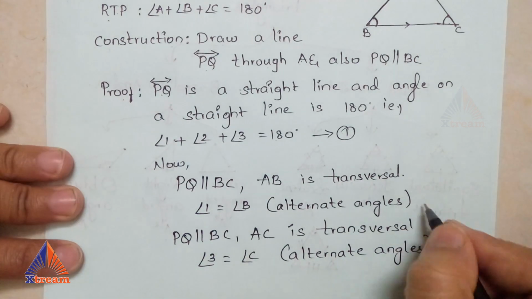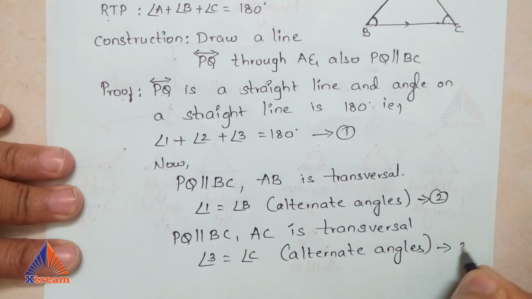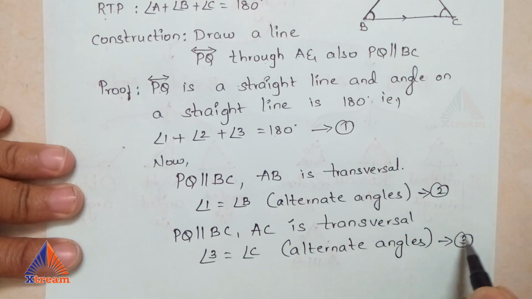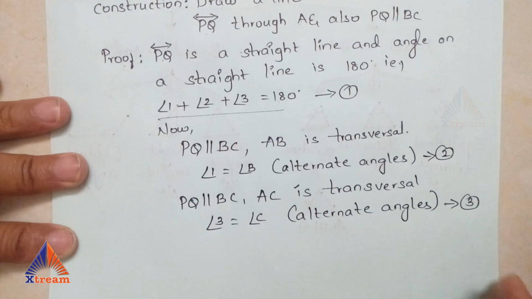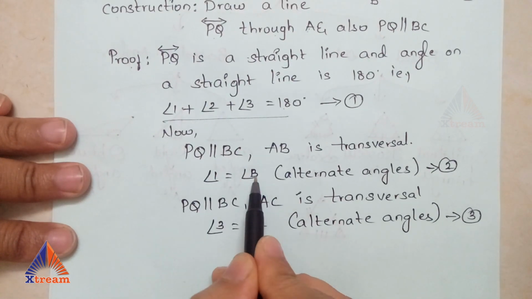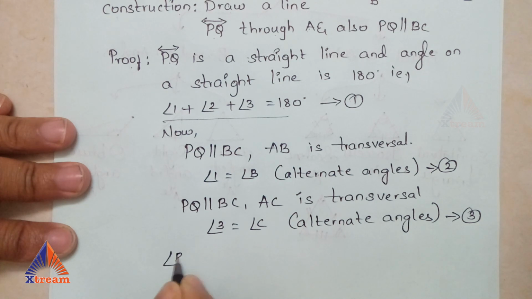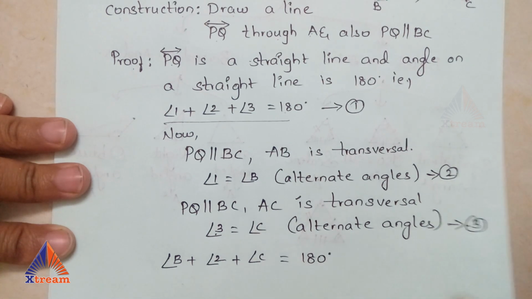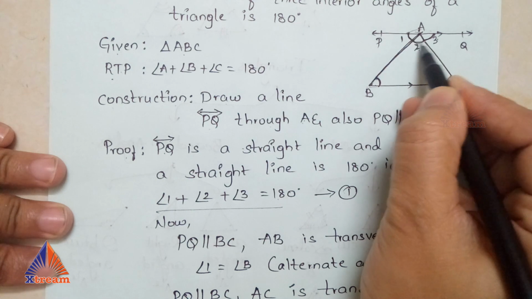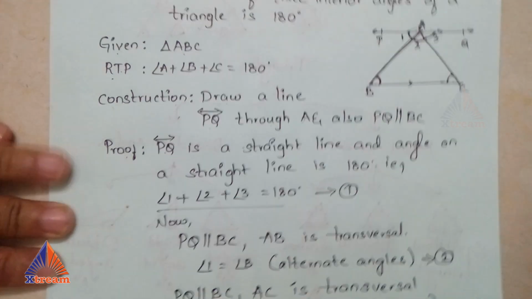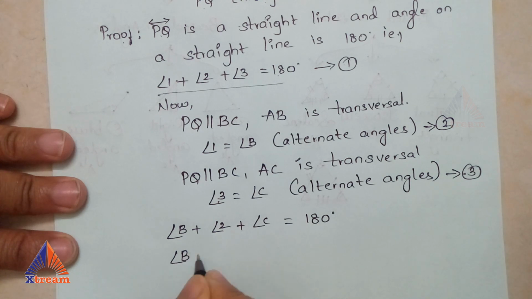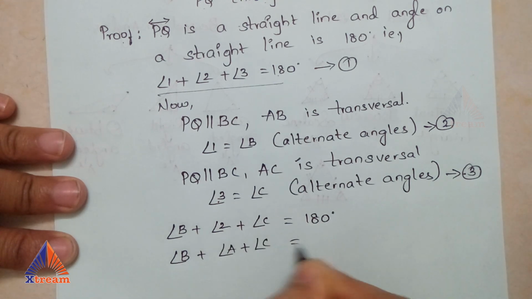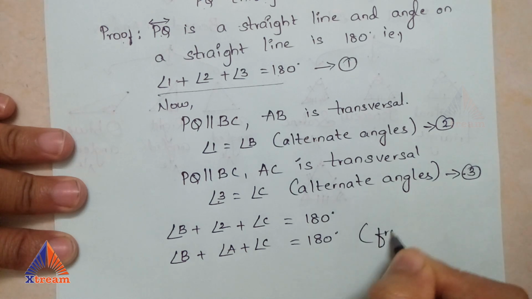Now, if I take this as equation 2 and this as equation 3, I'll substitute equations 2 and 3 in equation 1. So what do I get? In the place of angle 1, I substitute angle B, plus angle 2, plus, in the place of angle 3, I substitute angle C, is equal to 180 degrees. From the figure we understand that angle 2 is nothing but angle A. So angle B plus angle A plus angle C is equal to 180 degrees.